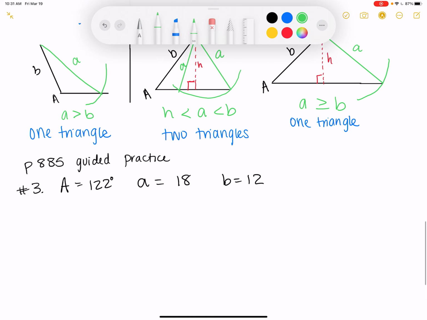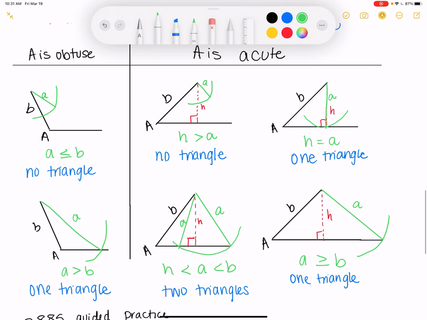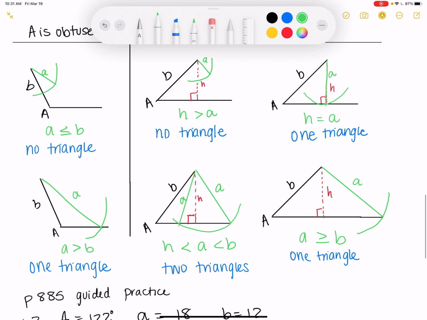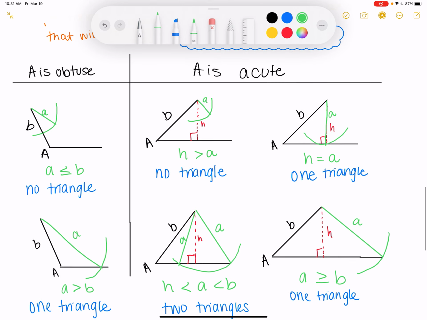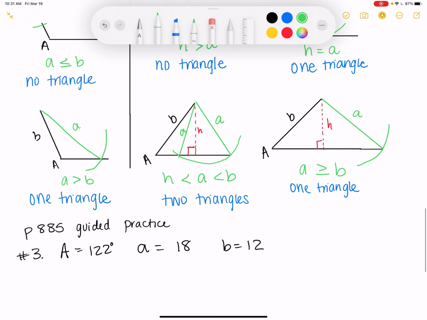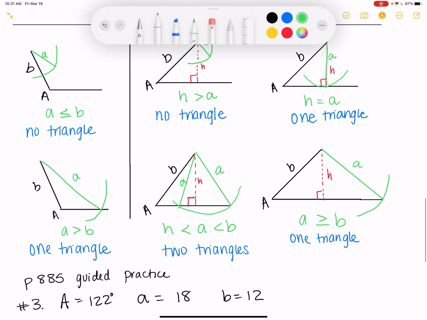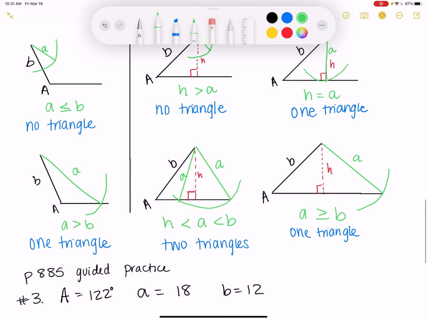Actually, look at this and see, do we need to find h? Why do we not need to find h? Because angle A is obtuse.